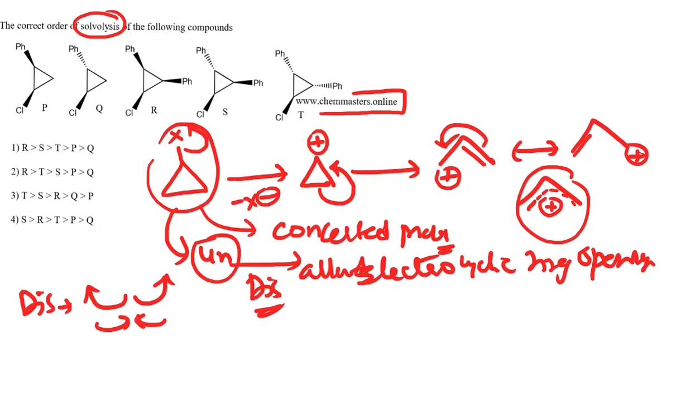Here the rate, or the order of solvolysis, of the given compounds depends on the sense of disrotation. So the sense of disrotation decides the rate of solvolysis of the given compounds.